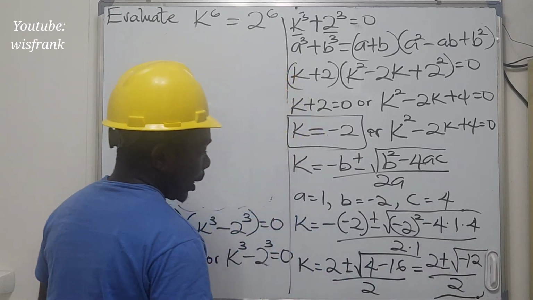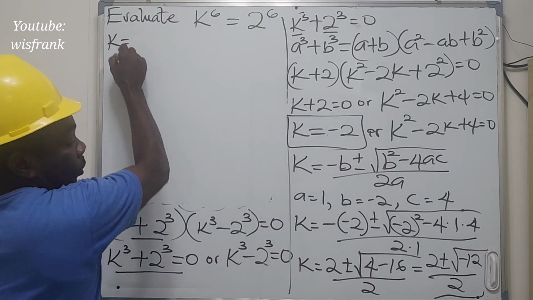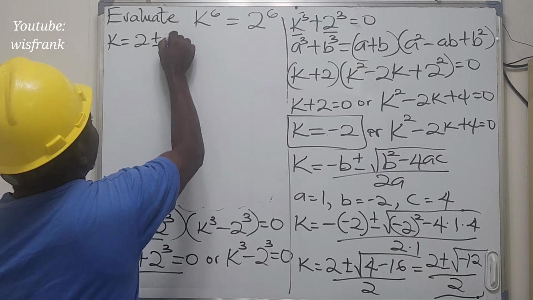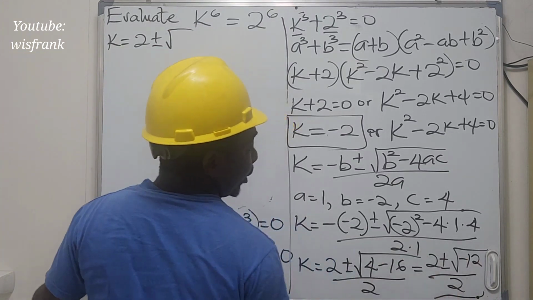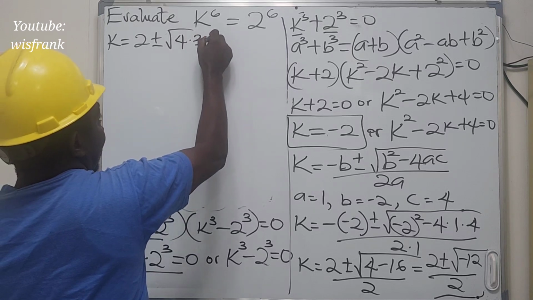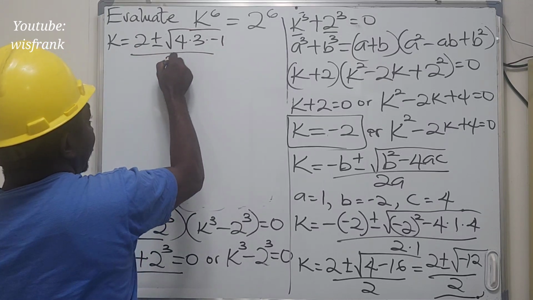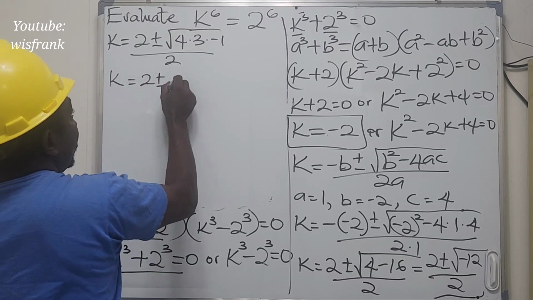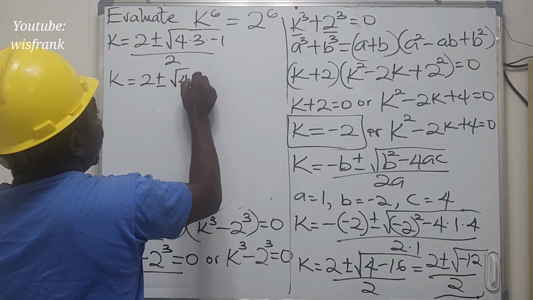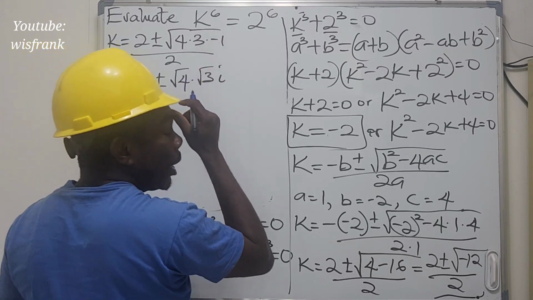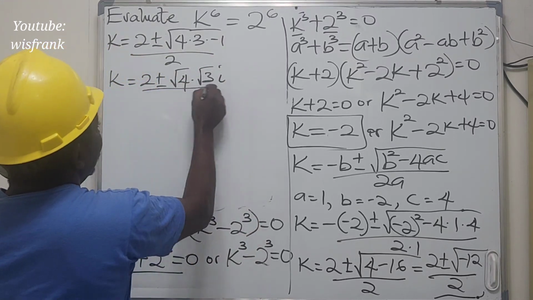So as we said, our value of k equals 2 plus or minus the square root of minus 12, the same thing as 4 times 3 times minus 1, all over 2. So from here, our value of k equals 2 plus or minus the square root of 4 times the square root of 3 i, because the square root of minus 1 is i, all over 2.